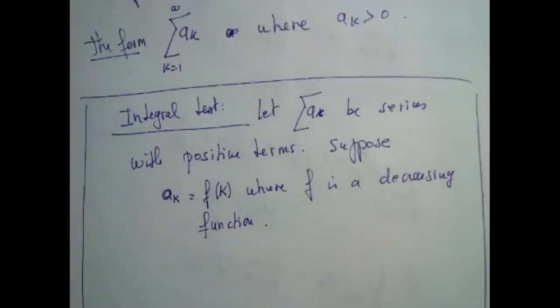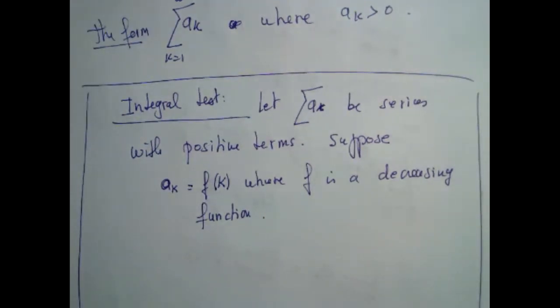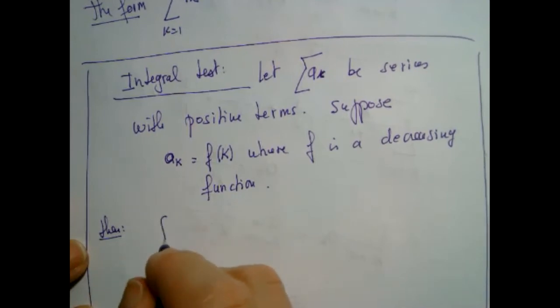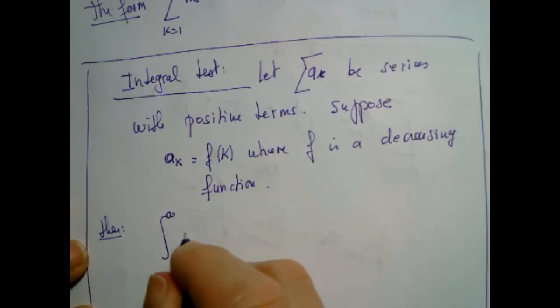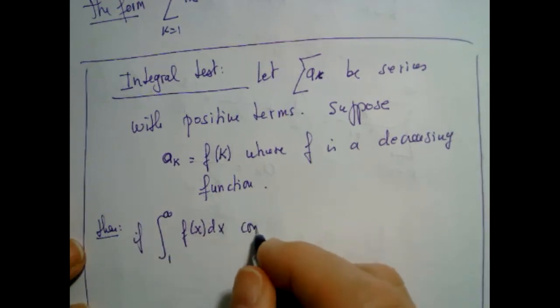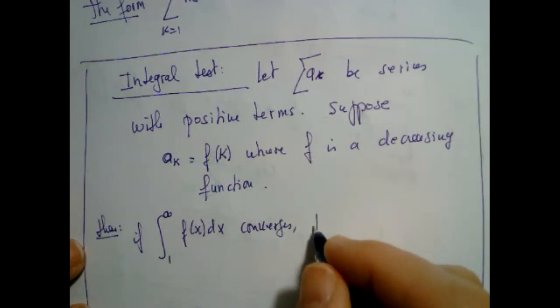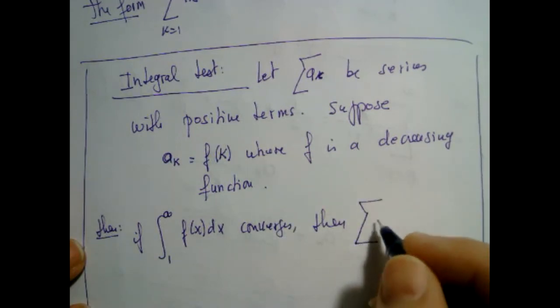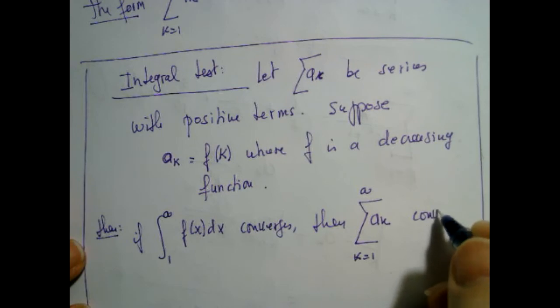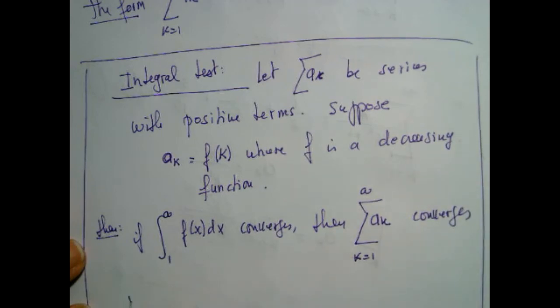So suppose you have a sigma a_k, and every term a_k is f of k, where f is decreasing. Then, if the integral from 1 to infinity of f of x dx converges, then the sum itself converges. And if the integral diverges, the sum will diverge. It means the integral and the sum behave similarly.